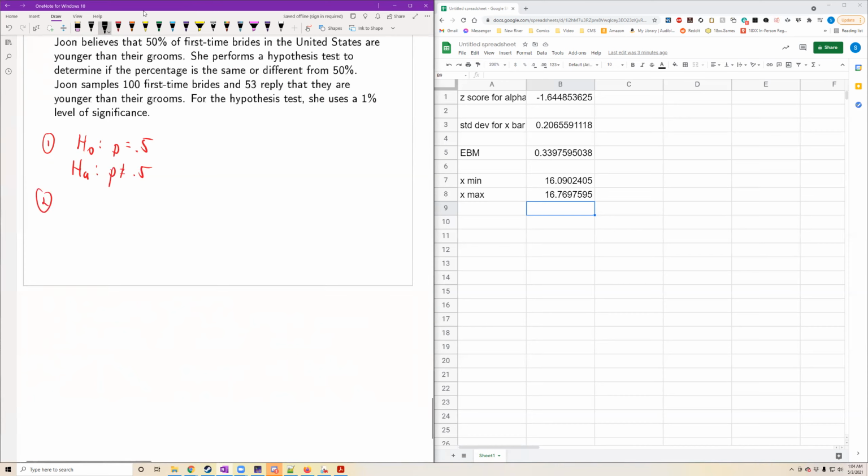We'll sketch a graph here, with the 0.5 in the middle. And notice here, because we want to shade the alternate hypothesis, that's both halves, which is going to be alpha over 2 on each side.